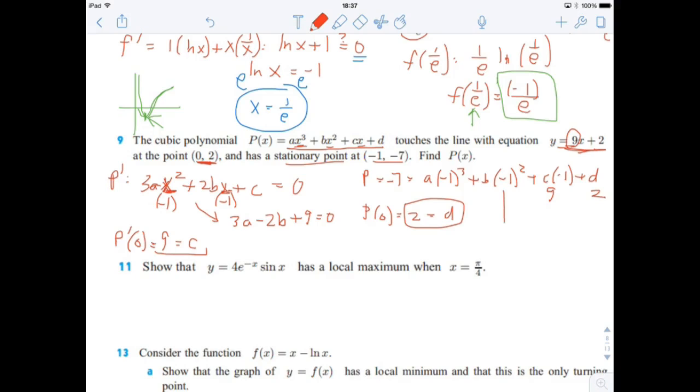So now that we know that, we have -7 equals -a plus b plus 9 plus 2, which is 11. So a minus b is equal to 11 plus 7, which is 18.